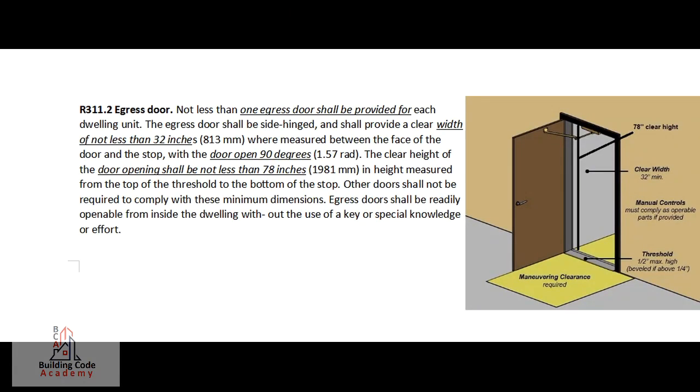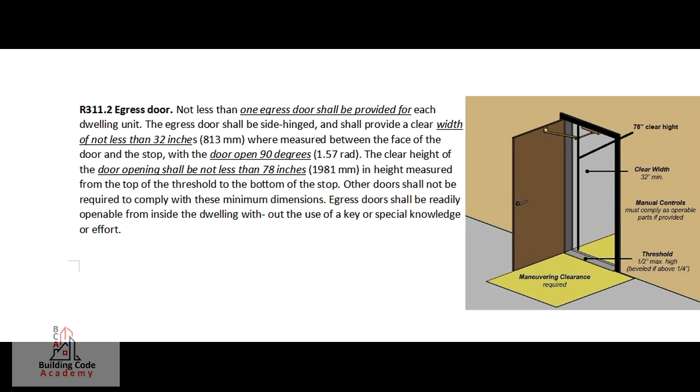R311.2 Egress Door. Not less than one egress door shall be provided for each dwelling unit. The egress door shall be side-hinged and shall provide a clear width of not less than 32 inches, 813 millimeters, where measured between the face of the door and the stop, with the door open 90 degrees, 1.57 radians.